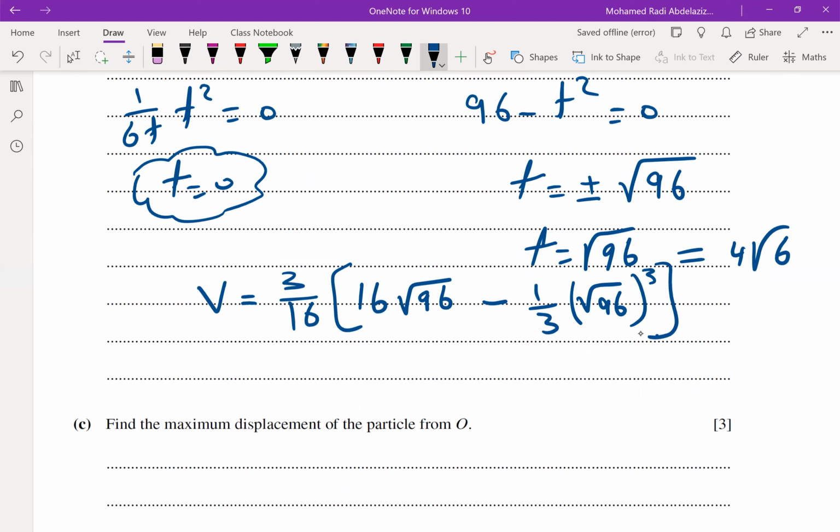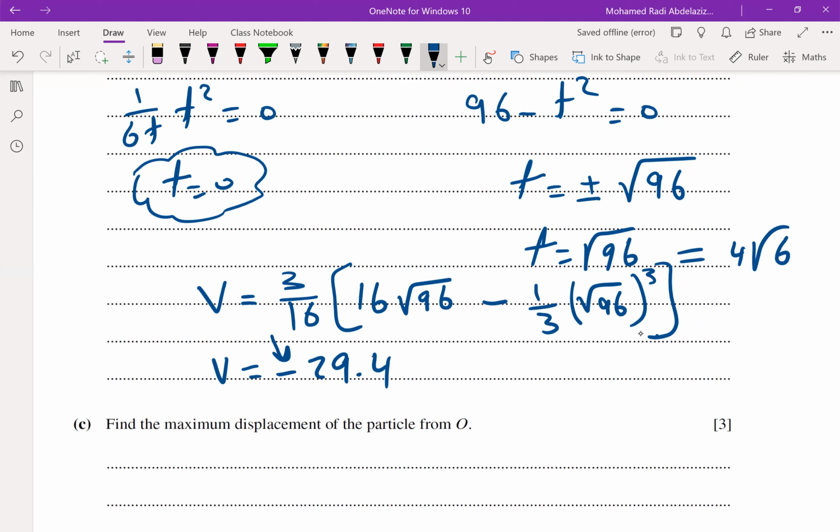Find the value. The final answer v is negative 29.4.